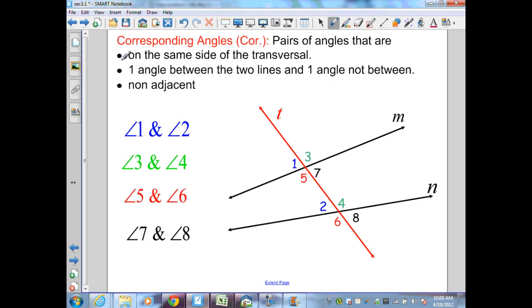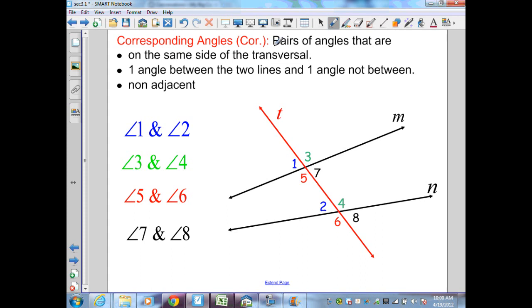On the three previous slides, we identified alternate interior angles, alternate exterior angles, and same side interior angles. The names of those angles helped identify the angles in our diagram. Corresponding angles don't do that. Therefore, we strictly have to go by definition.